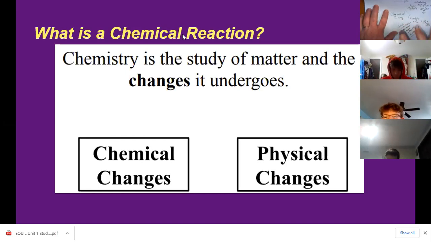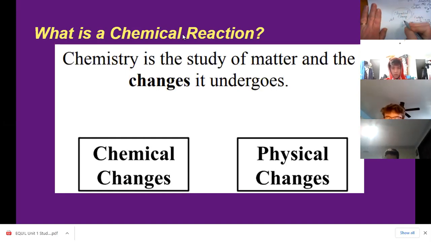Okay, so chemical reactions are chemical changes. Chemical changes are also known as chemical reactions. And we represent chemical reactions with chemical equations.